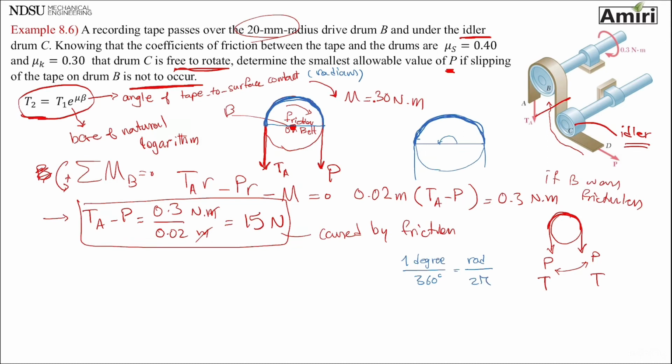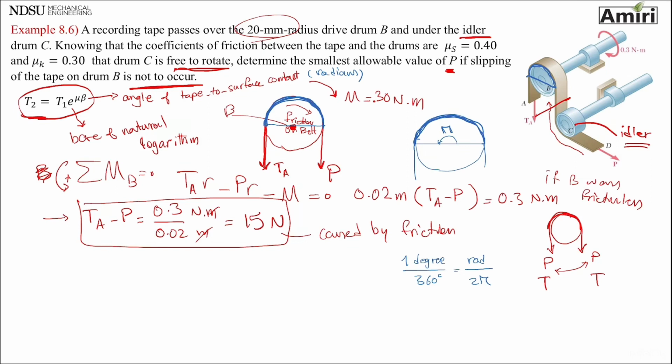So if I put 180 here, I get a contact angle of pi. That's how much contact there is between the belt and this drum.